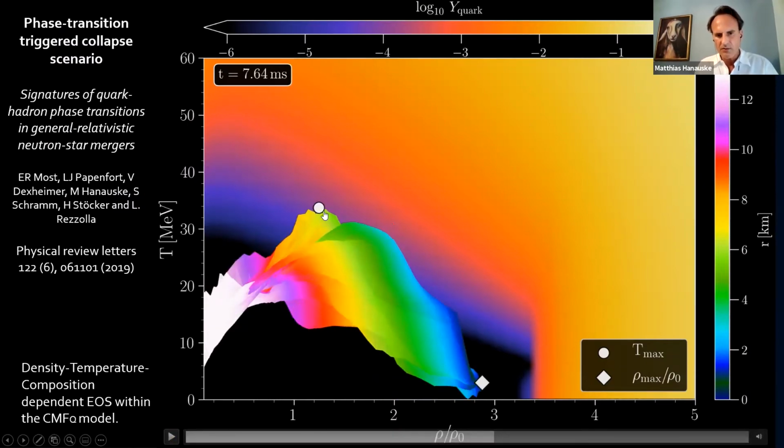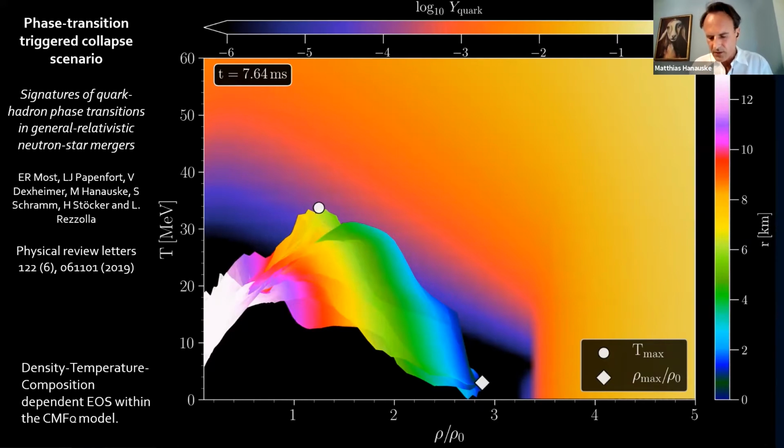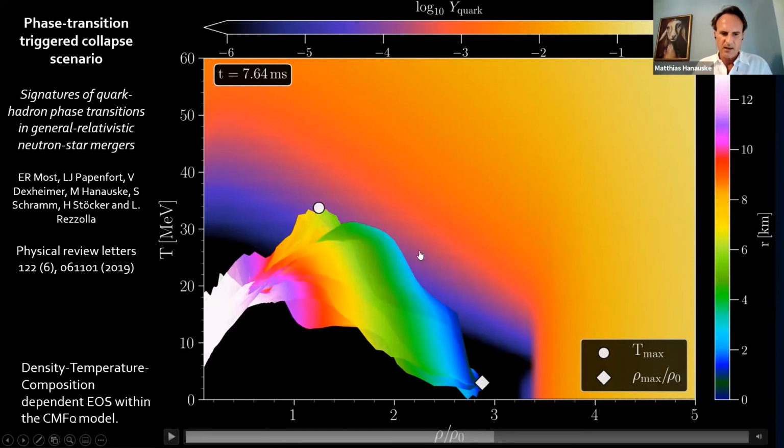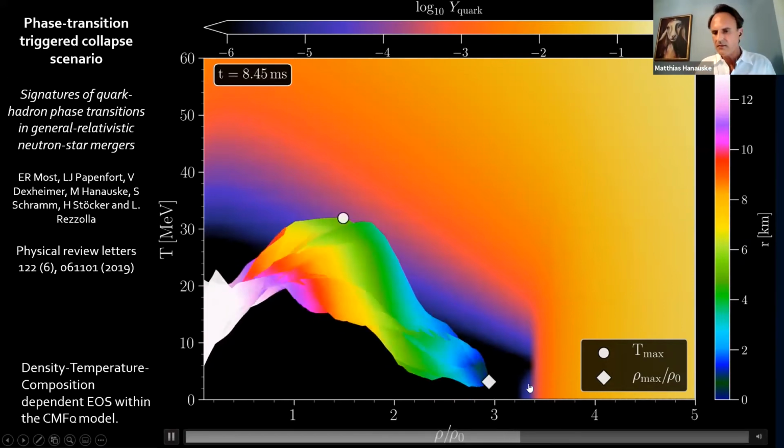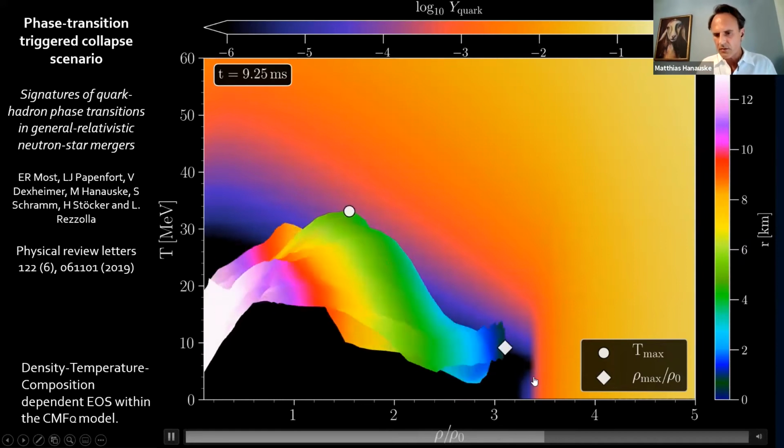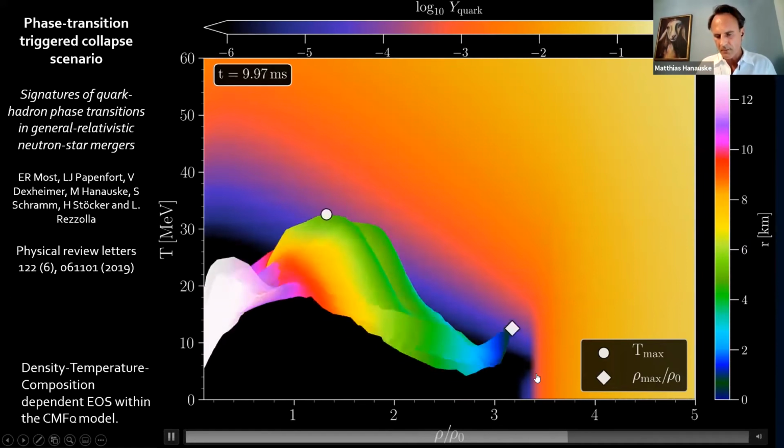These are the temperature hotspots, and inside them, as you see in the background where the quark fraction is visualized, they contain a little bit of quarks for the simulation with a hadron-quark phase transition, and due to this, this phase difference comes. But the main thing is going to happen when the inner cold part meets the first order strong phase transition over here.